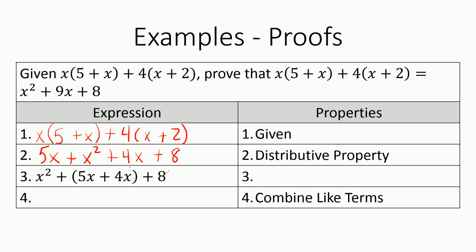And we notice that there's now an expression here that is a transformation of this. First of all, it's in a different order. The 5x and the x squared have been switched. And also we've got parentheses around the 5x and the 4x. And so remembering back to the beginning of this unit, we can rearrange terms using the commutative property. And in this case, because it's addition, we would write commutative, and we can abbreviate if we need to.